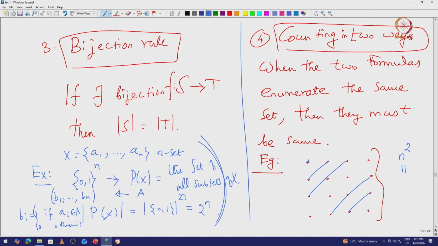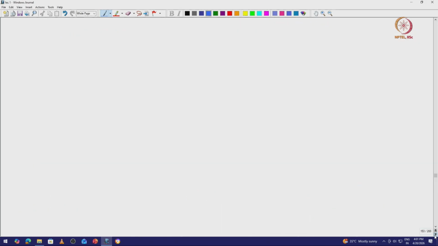Then it is easy to see that n squared will be the same as twice (1 plus 2 plus etc. plus n minus 1) plus n. This gives us the formula that 1 plus etc. plus n minus 1 is equal to (n squared minus n) divided by 2, which is the well-known formula for this sum. So, indeed from this one can get that 1 plus etc. plus n is exactly n times (n plus 1) divided by 2.